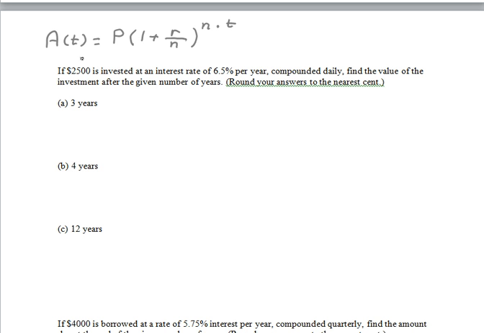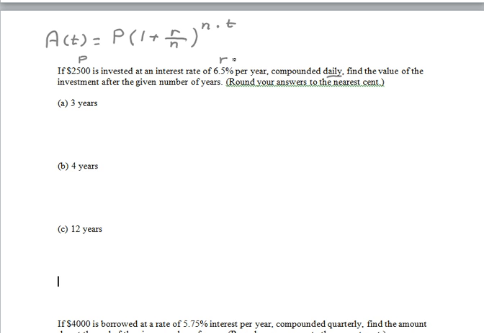And so in the first example, we have $2,500 invested at a rate of 6.5% per year, compounded daily, and we're to find the amount that the investment grows to after the given number of years.